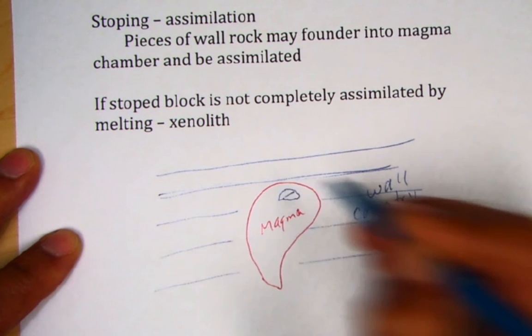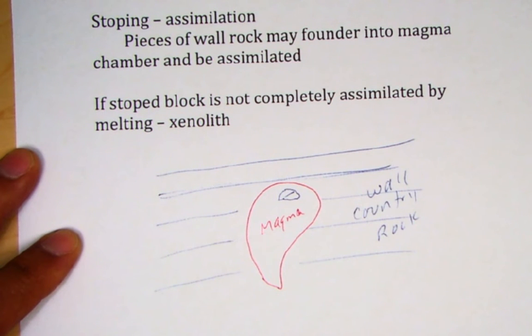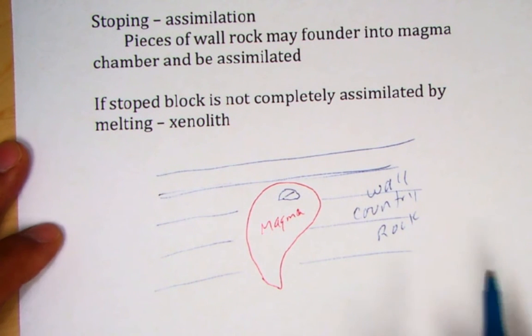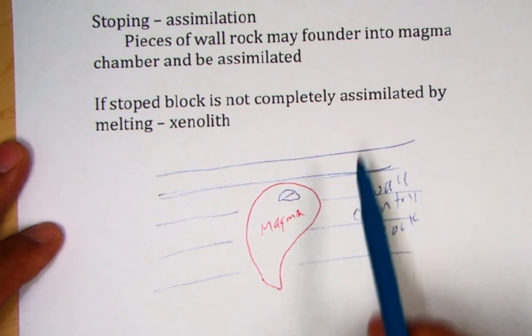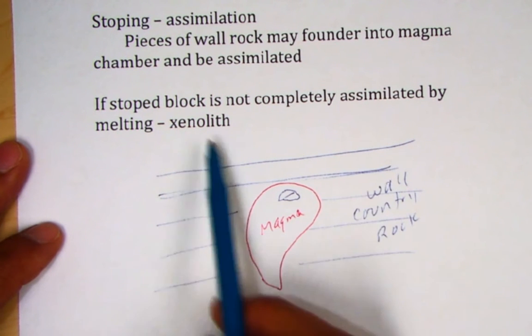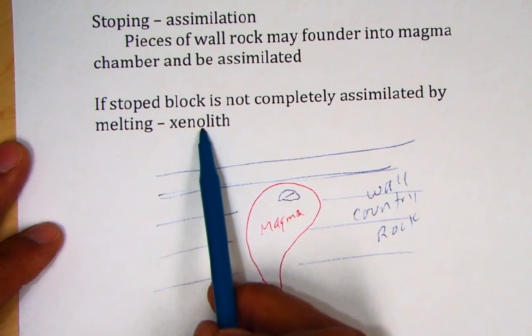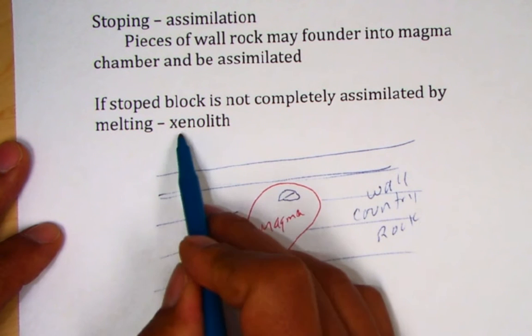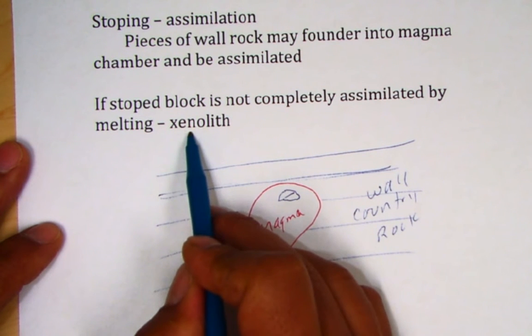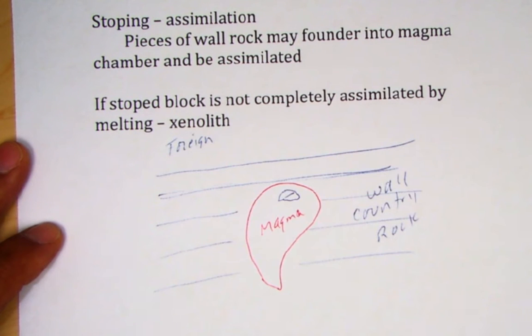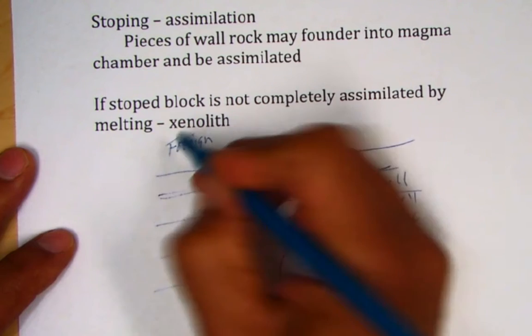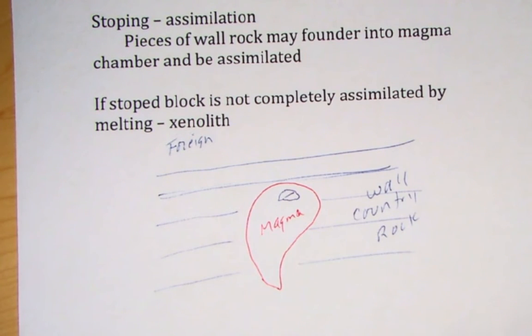So we'll put a layer of strata in there. So a piece falls in, but it's not completely assimilated. When that happens, that's called a xenolith. And xeno means foreign stone, right? A foreign stone. And so the foreign stone is obviously a different rock.